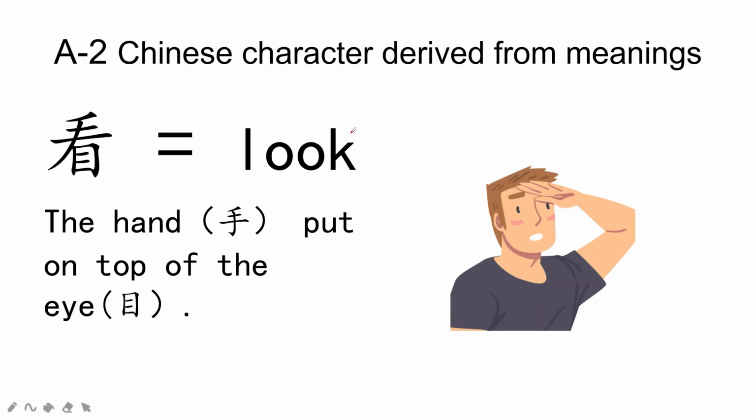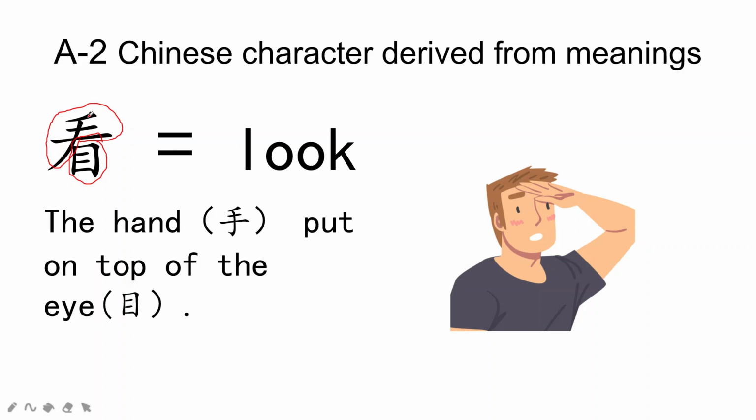Okay, just now were the words derived from pictures. Now we take a look at the second, the Chinese characters derived from the meaning, or something more accurate, maybe ideography. So when you take a look at this kan, these words have 2 components. First is the top one, this is hand, and second is the bottom part, this is eye.